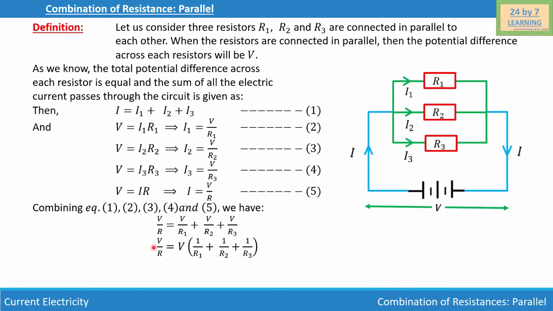Now this V can be cancelled out, and if we cancel out V, we will have 1 over R is equal to 1 over R1 plus 1 over R2 plus 1 over R3. And this is the combination of resistors in parallel, and this is how we will define the combination of resistance in parallel.